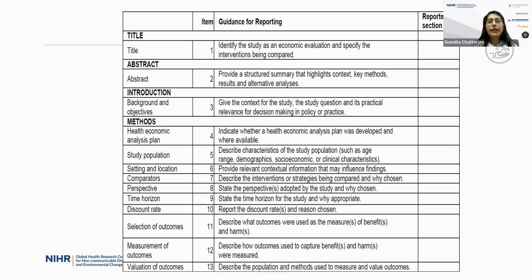If you did not do an analysis plan, you can say not applicable. But starting from study population, definitely you have to have a study population, setting and location. What are the comparators? I'm telling you several times that you have to have a comparator. So you have to be very clear what are the interventions and strategies you are comparing and why. Why you chose that versus that.